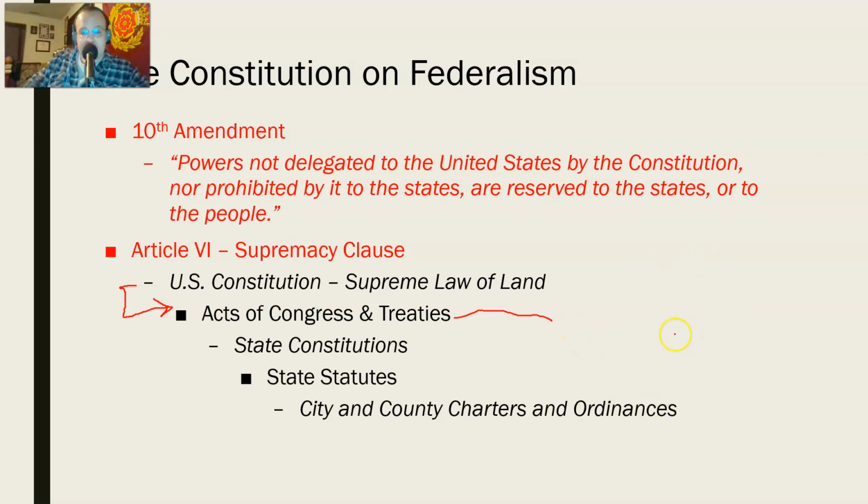The acts of Congress and treaties have to line up with what's in the Constitution. If these congressional acts and treaties go against what's in the Constitution, they're no good.